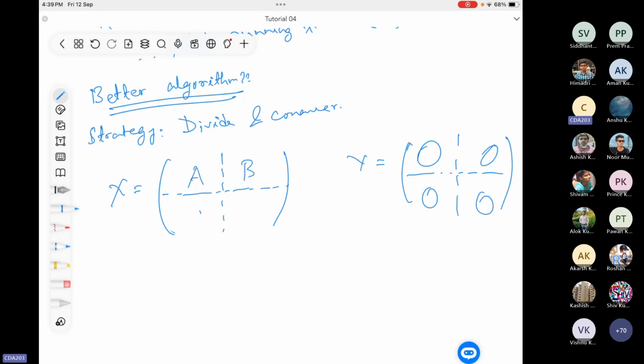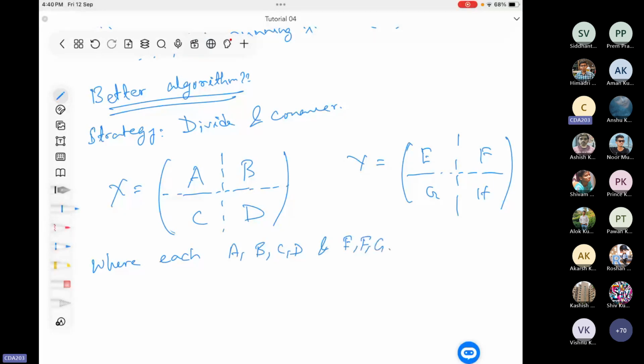We will divide this into these smaller matrices A, B, C, D, and call the other EFGH, where each of A, B, C, D and E, F, G, H is an n by 2 cross n by 2 matrix. Okay.